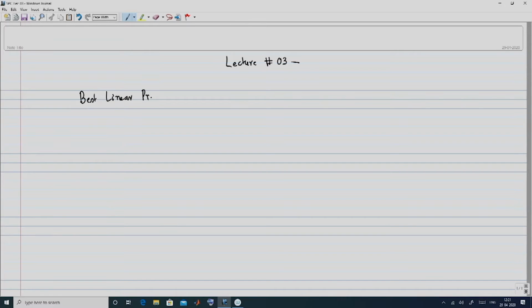So, this best linear predictor, as the name itself suggests, is about using some linear function as a predictive tool. So, accordingly I begin with: let x and y be two random variables.